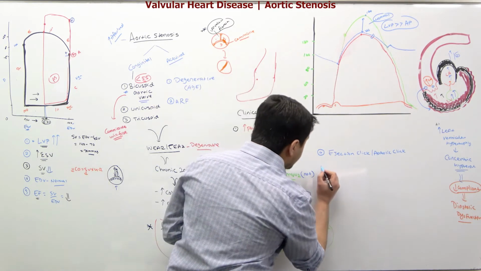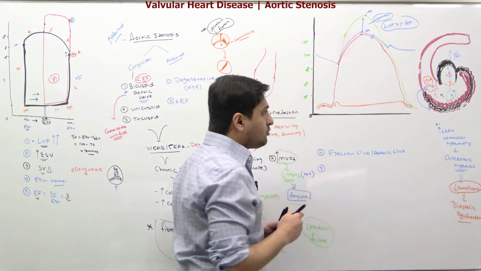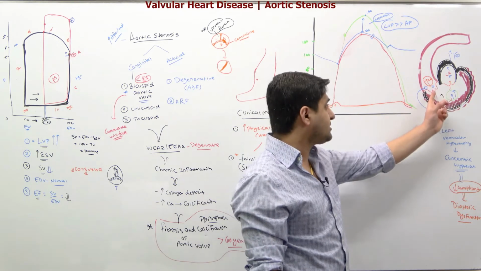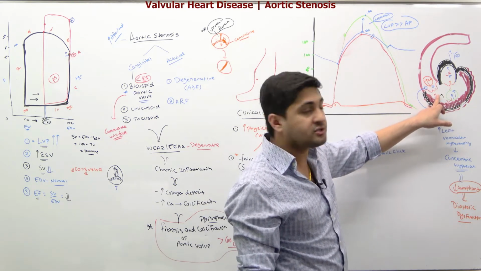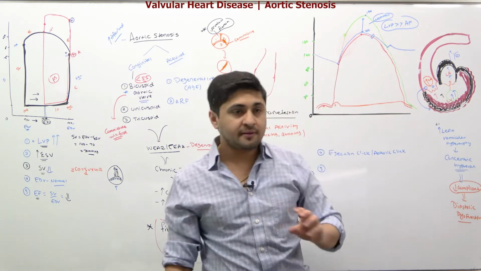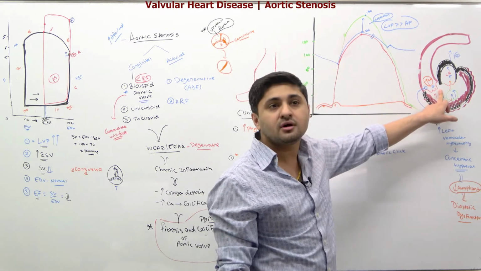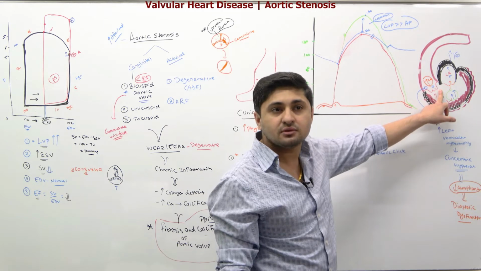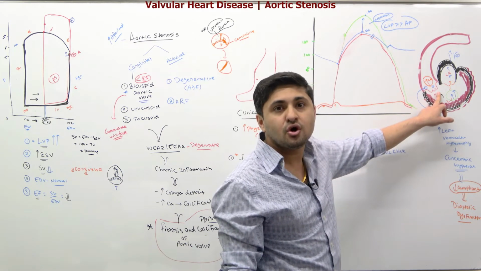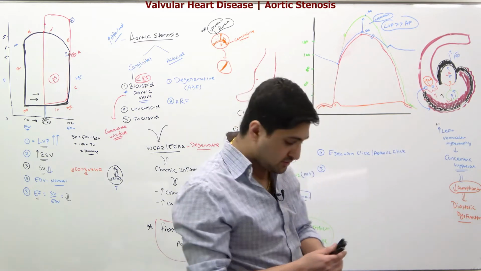Now, the fifth point you've got to remember: because the ventricle has to contract so vigorously and generate higher pressure, that results in turbulence, which leads to murmurs. Aortic stenosis leads to turbulence of blood flow, resulting in a murmur.